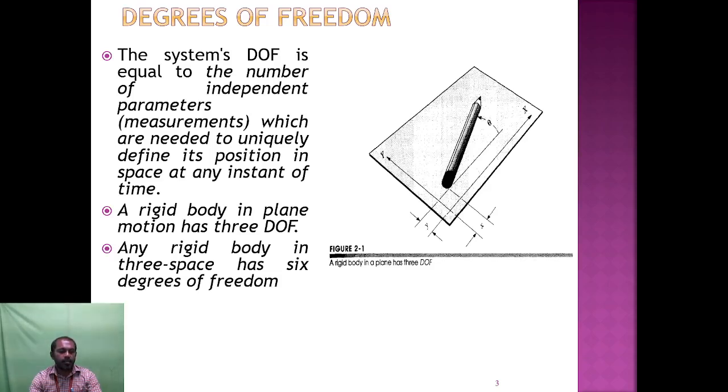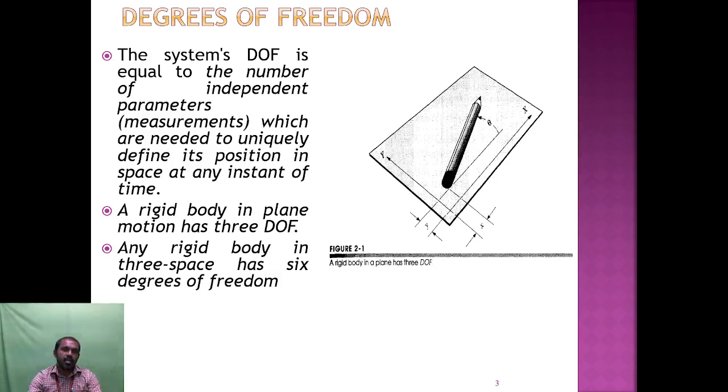So here, the number of independent motions a system can have for a rigid body in 3D space, the maximum degree of freedom is 6: 3 translations and 3 rotations. The 3 translations mean the x direction, y direction and z direction for a rigid body in 3D space.